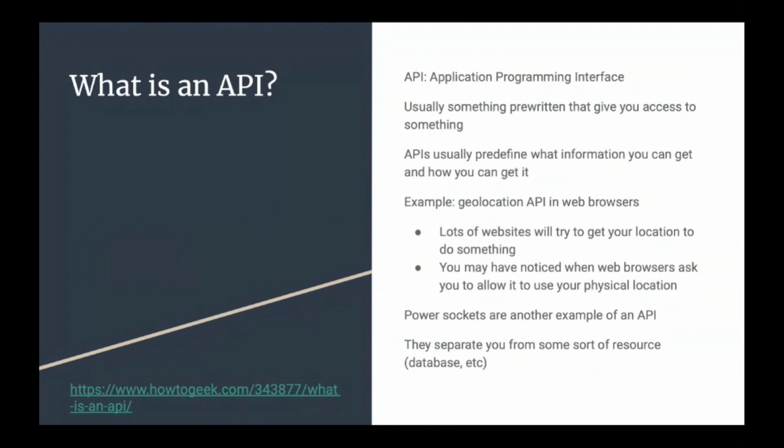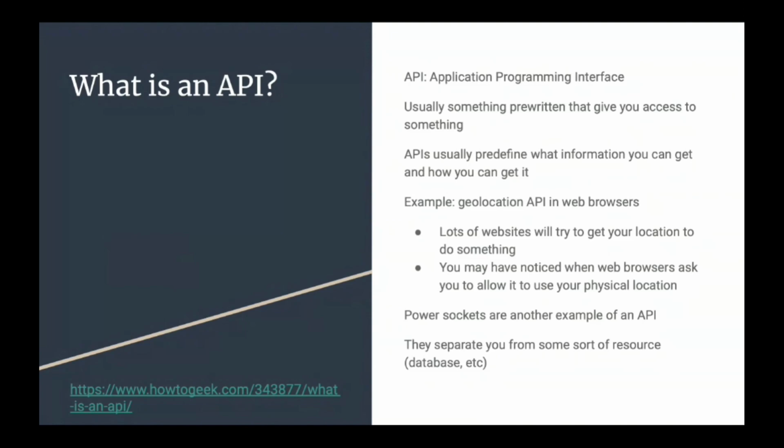Before we go to REST API, I'm going to talk about what an API is first. API stands for Application Programming Interface. Usually an API will give you access to some sort of resource, and a good API will also define how you can access that resource. We use APIs all the time.